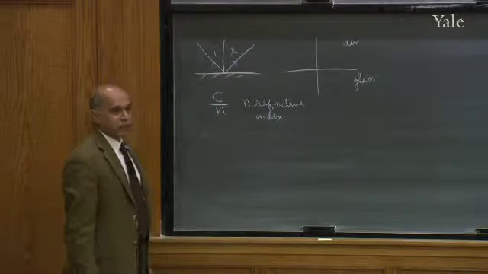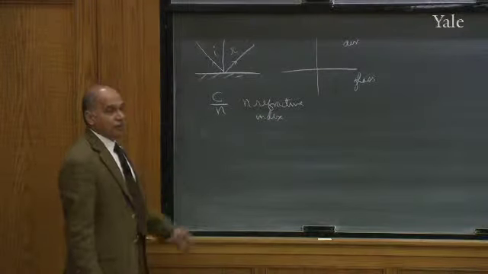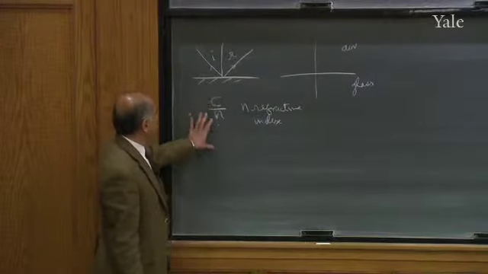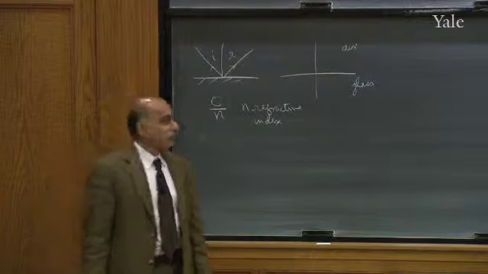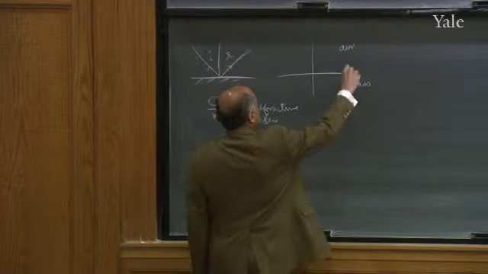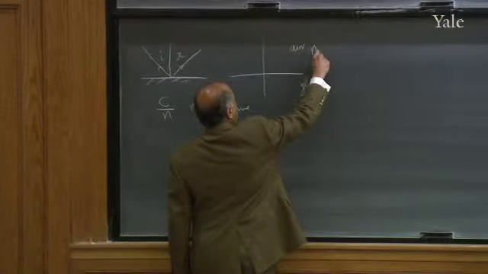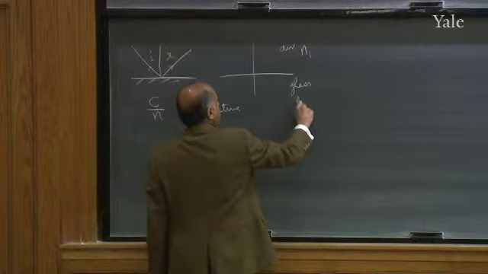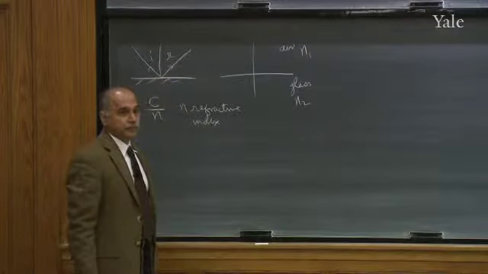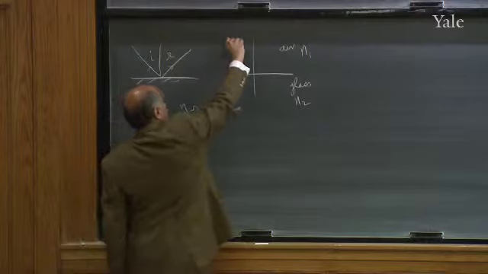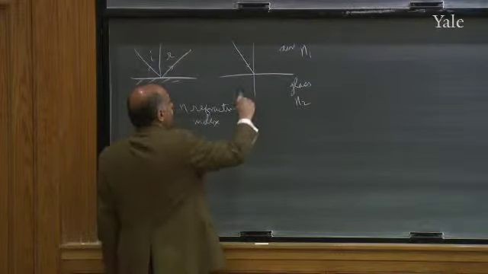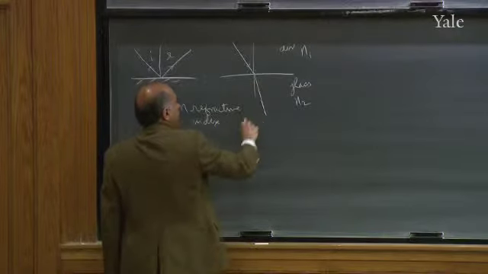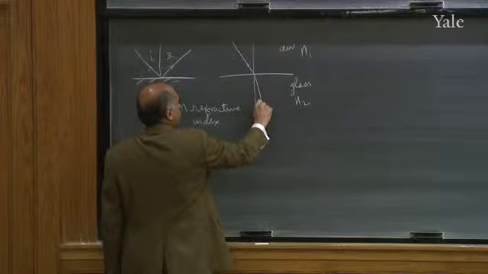I think glass is like 1.33. Every medium has a refractive index, and the effective velocity of light is slowed by this factor n. So let us say this medium, let's not call it air, has refractive index n1, and this has refractive index n2. If a beam of light comes like this and hits this interface, it won't go straight, it will generally deviate from its original direction.